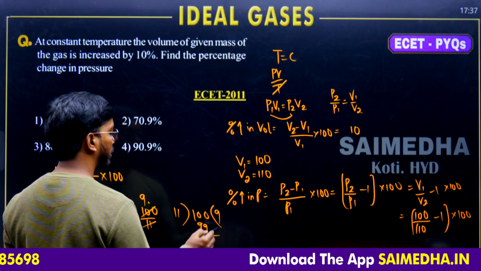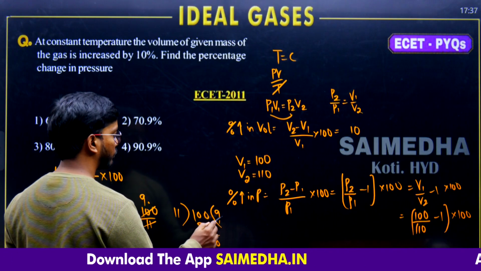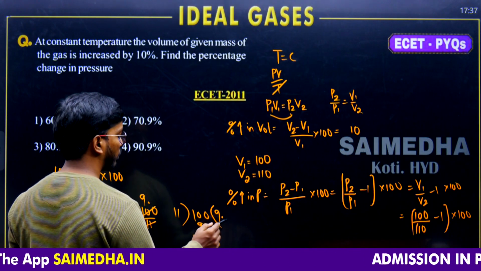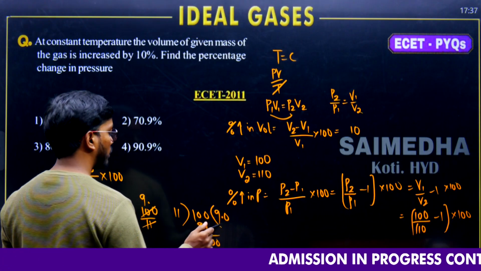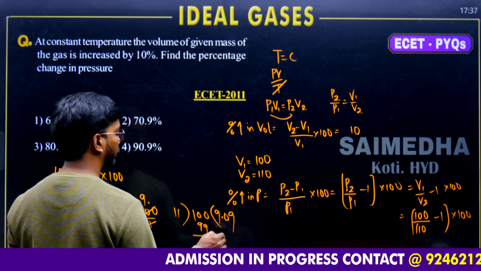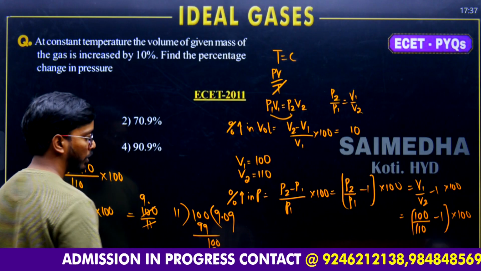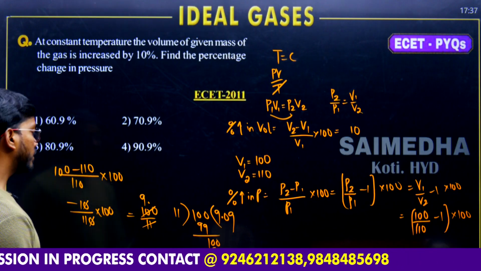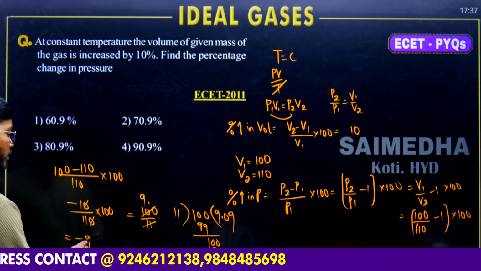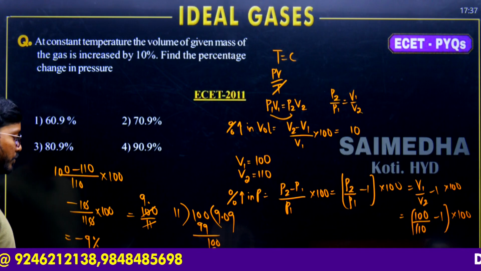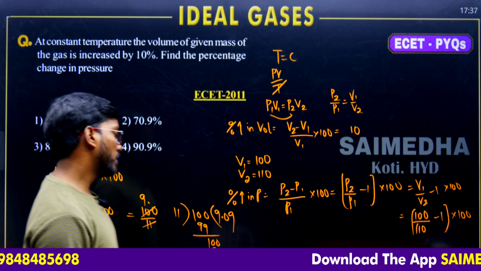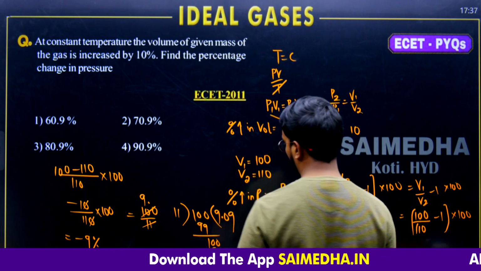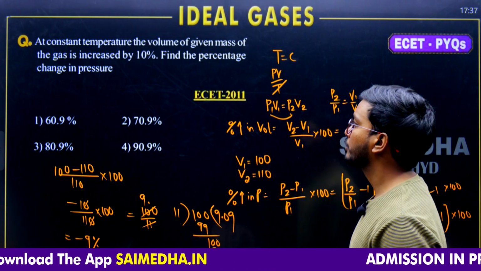Put a point here and bring down 0, 0 again. Again 11 nines, so 99 again. So this value is minus 9%. You can write it like this, minus 9.09 in terms of percentage.